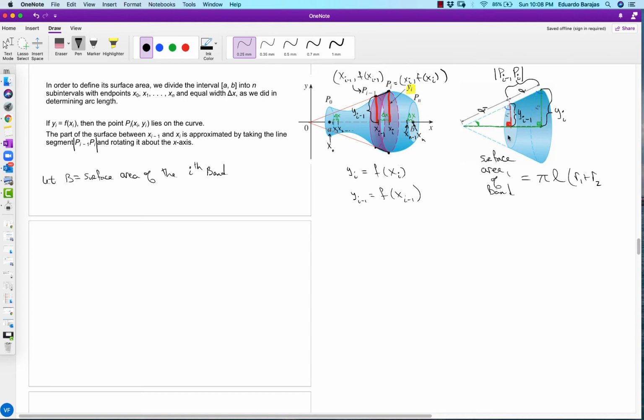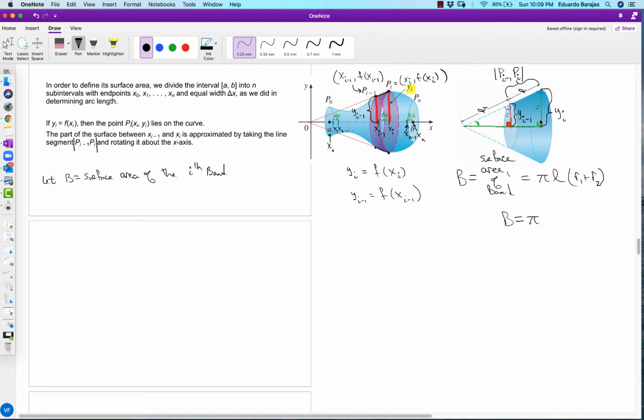Okay, so using this style of notation, we can say that the surface area, let's use B to represent the area of this band, is equal to pi, that stays the same. Now instead of L, we're going to use this notation.